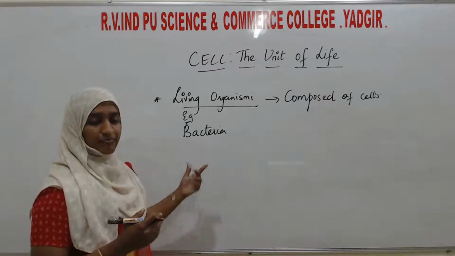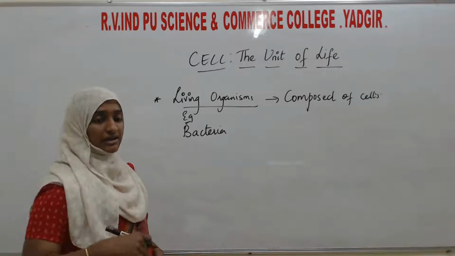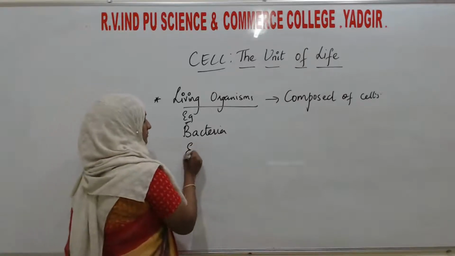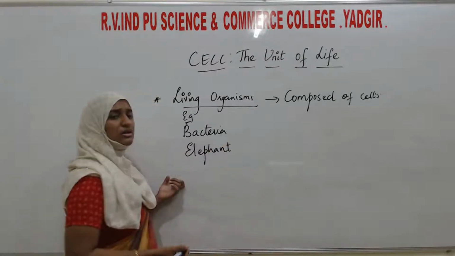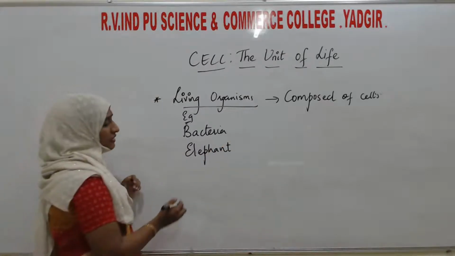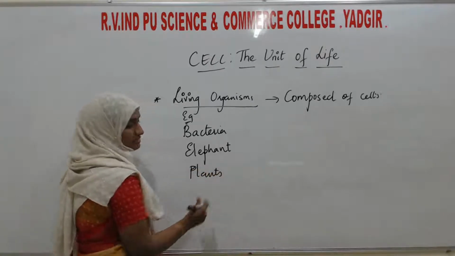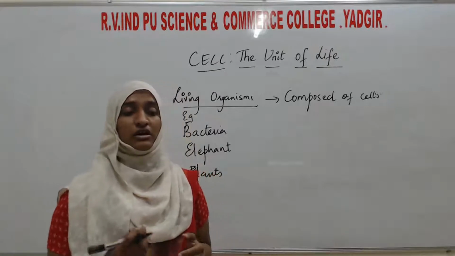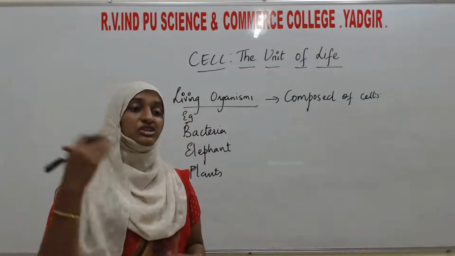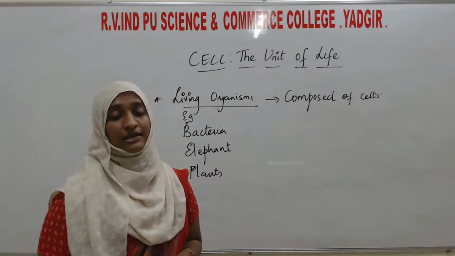Of a cell. Besides that, you can take a bigger example, that is the elephant. That is also a living organism. Not only the elephant, you can take trees and plants. In plants also there are small plantlets, herbs, and shrubs, as well as bigger trees which reach a certain height.